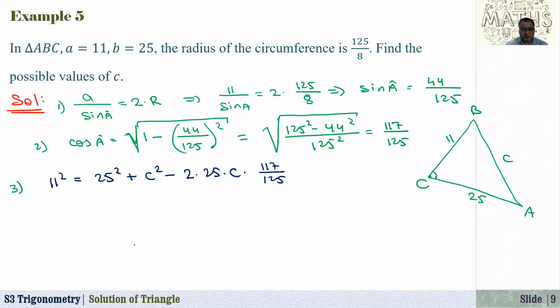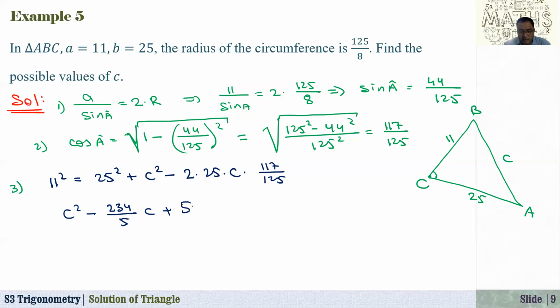Now if you simplify this, what do we have here? Here we have C squared minus, and 25 is gone, so it is 234 over 5C, and plus 25 squared minus 11 squared, that's equal to 504.